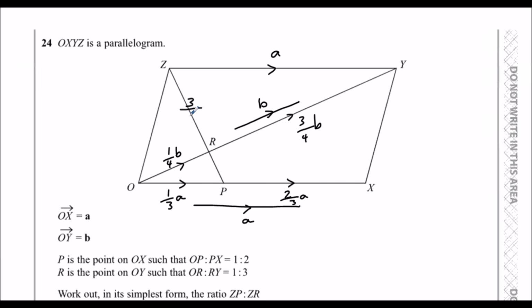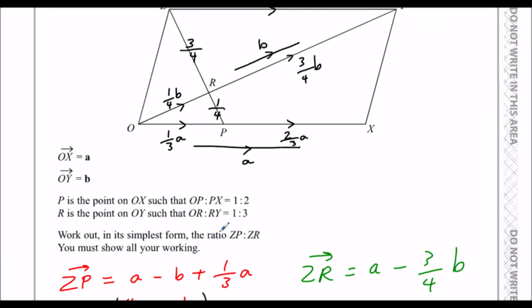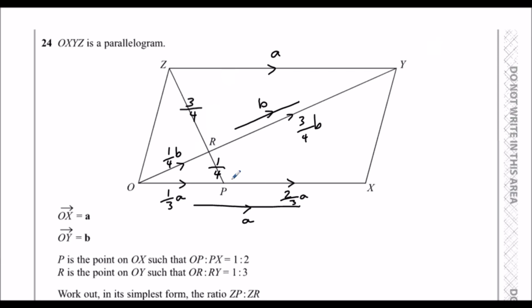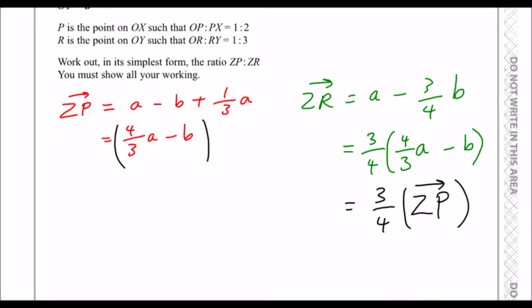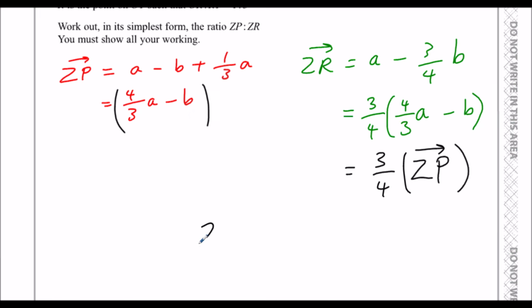So this is 3/4 and 1/4 of the whole journey, 3 parts and 1 part, 3 to 1. But what was the question? The ratio ZP to ZR. So ZP is 4 parts, ZR is 3 parts, so it's 4 to 3. So the ratio ZP to ZR is 4 to 3.